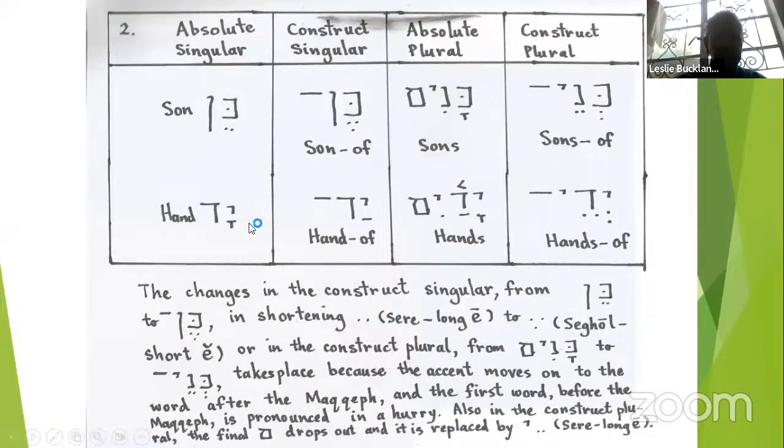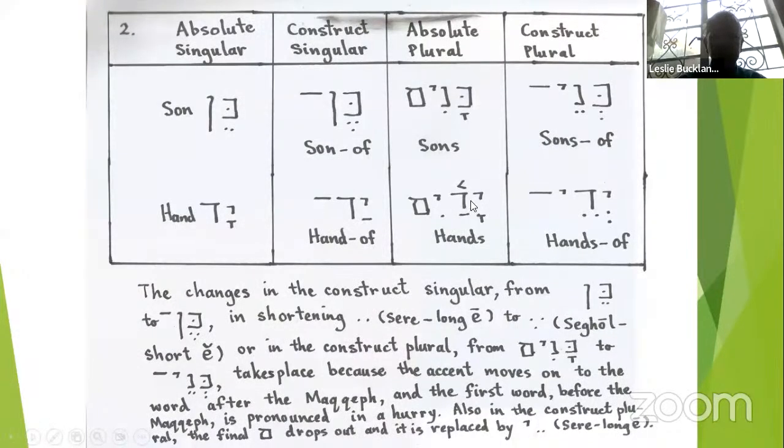Here is another noun. You have yath, which is in its absolute state when it stands by itself. However, if you have it in the construct, that is, you have the makef to the left of yath, and you're adding another noun to explain more about yath, hand of, then you have to change this long vowel, kames, a, to its corresponding short vowel form, pathak, which is a short a, yath.